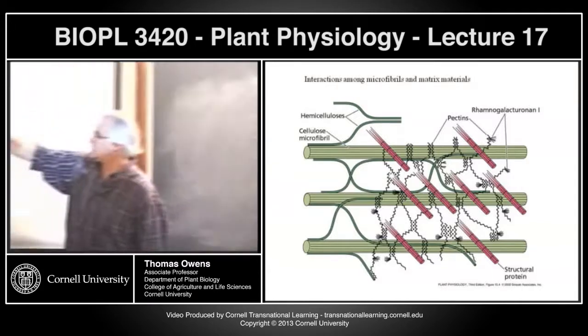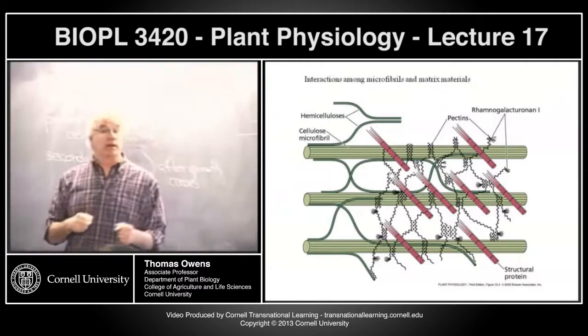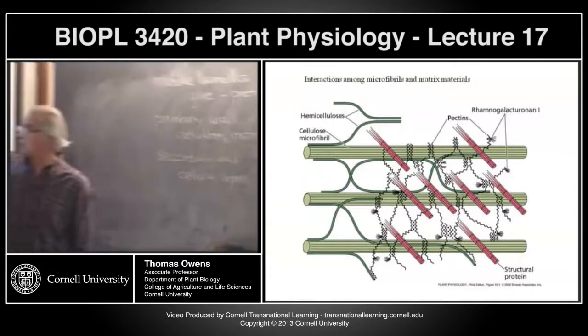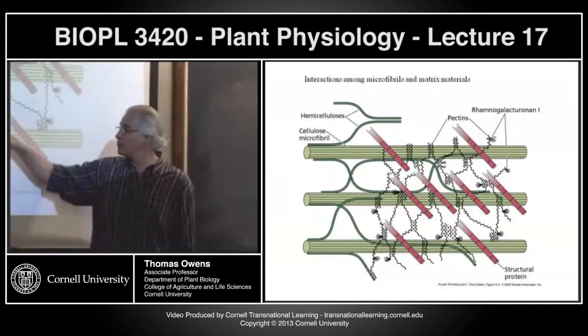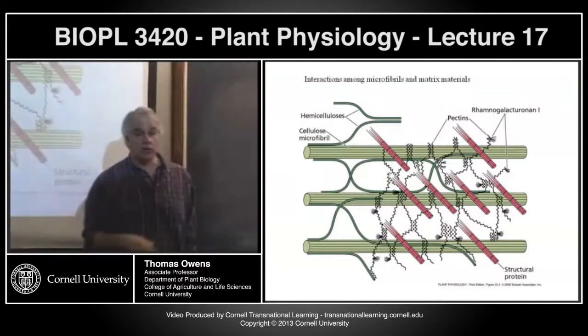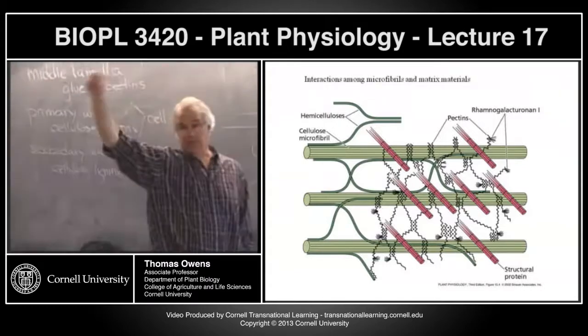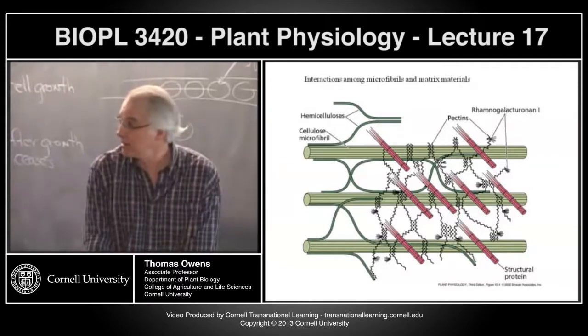And these little dots in here represent calcium ions that form ionic interactions that help hold the cell walls together. That is, pectins that interact with two different cellulose microfibrils are themselves held together by ionic bridges from the negative to the positive to the negative charges associated with the calcium and the pectins.